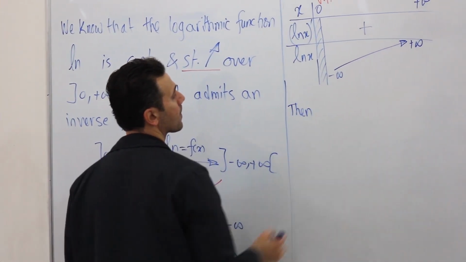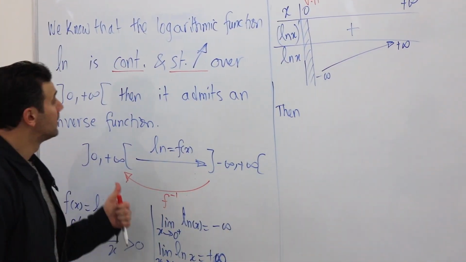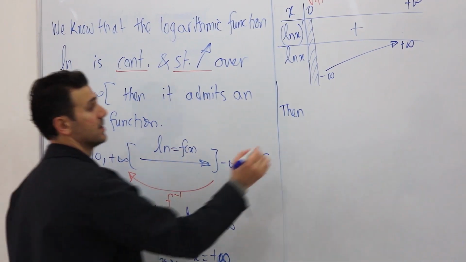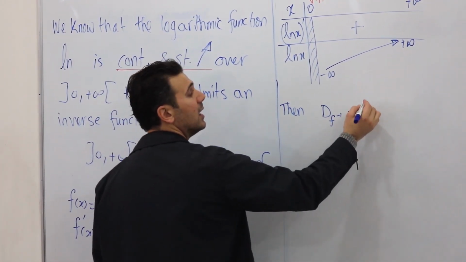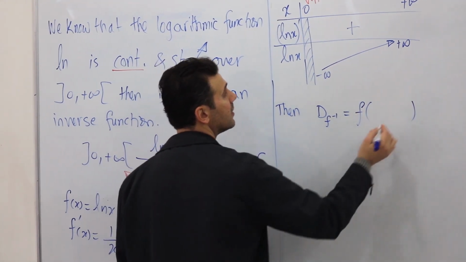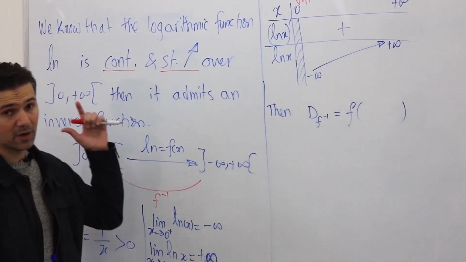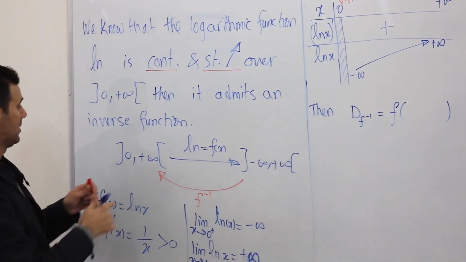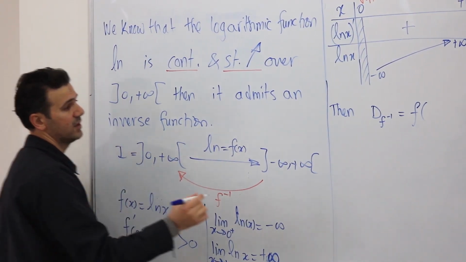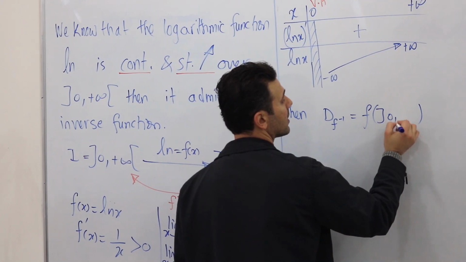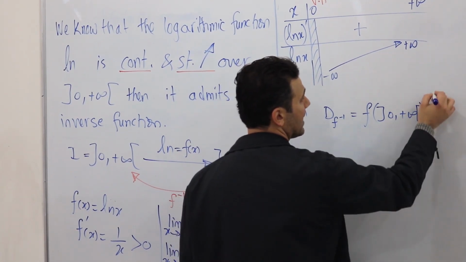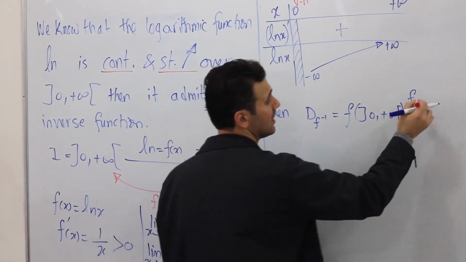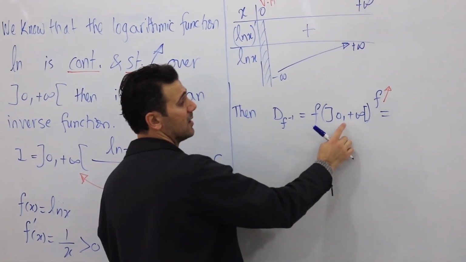Then, first property, the domain of f inverse. Domain of f inverse is f of I. We said before I, but here we have I is 0 plus infinity. So f of 0 plus infinity, but as f is increasing, be aware about this idea.